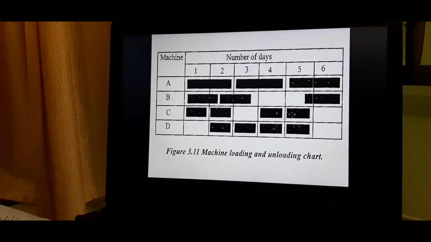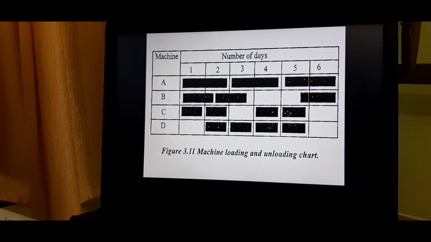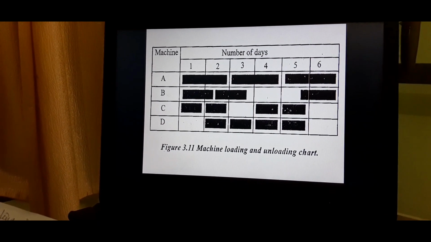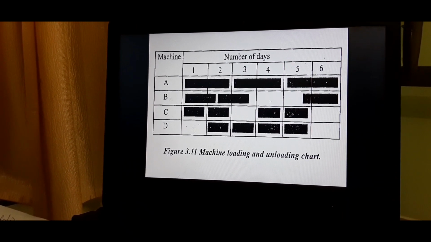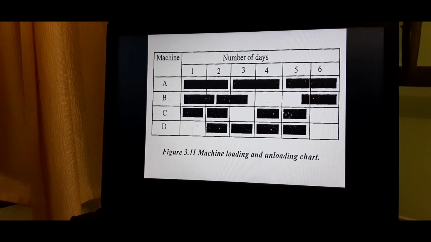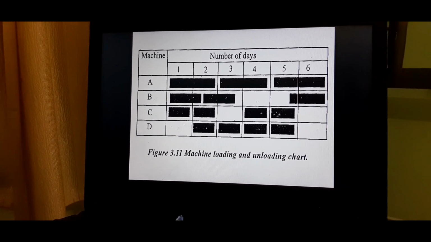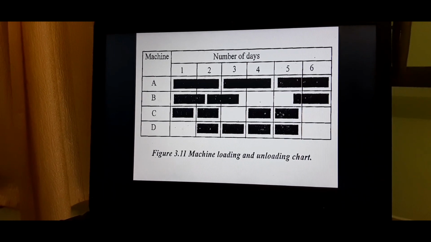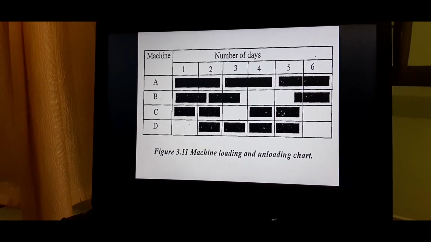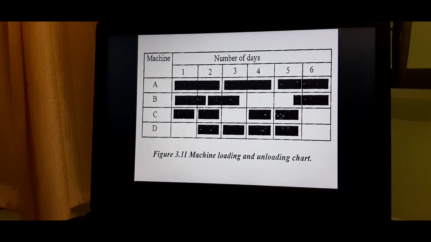This chart shows when certain jobs are scheduled to start and finish and where to expect idle time. From this chart, it is very clear machine A has to complete an activity within the first 2 days. So, the horizontal bar is drawn like that.